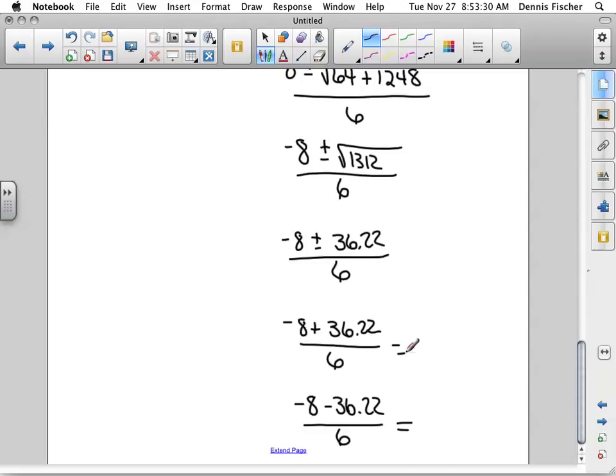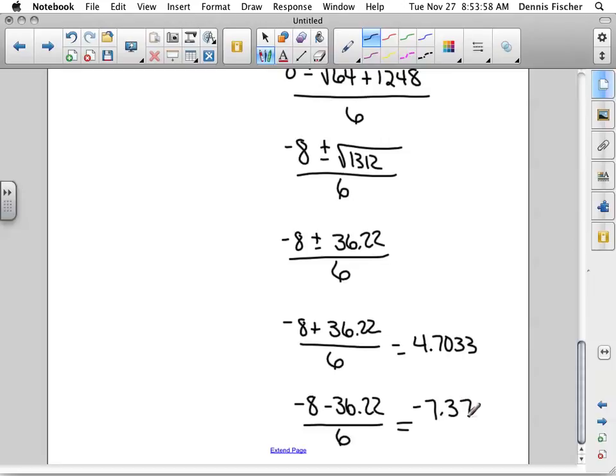So we can see what these two bring. This side would be 4.7033. I'd say rounded to the nearest tenth would be 4.7. Negative 8 minus 36.22 is a negative.